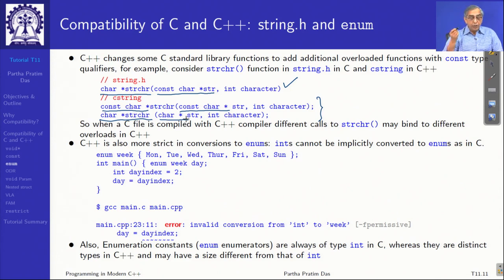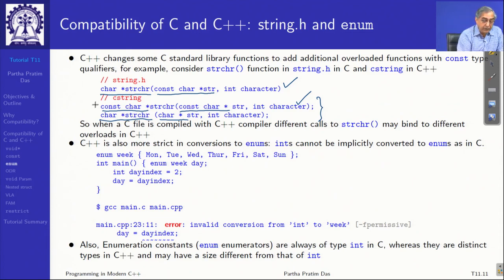So, when you call it from the C perspective, this function will get called, because whether the pointer is const or non-const, it can always be treated as a pointer to constant data.